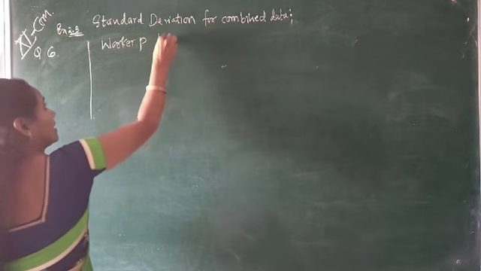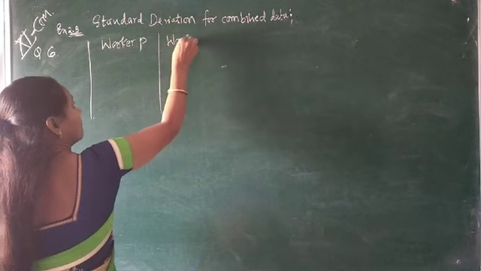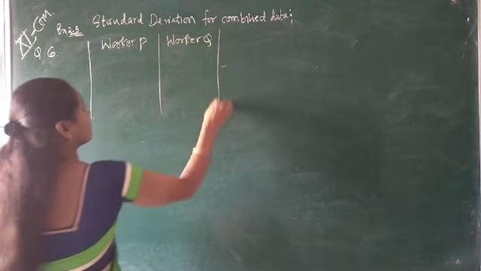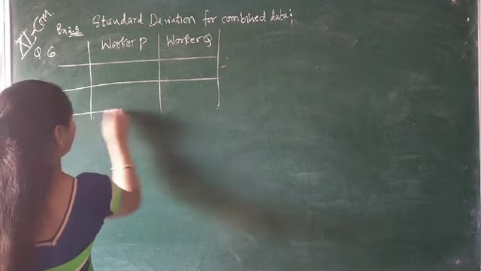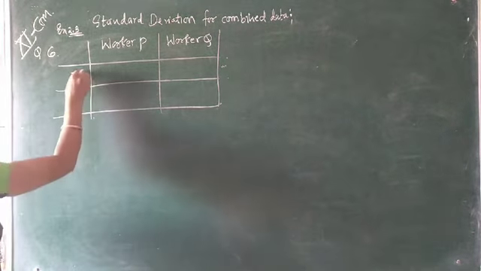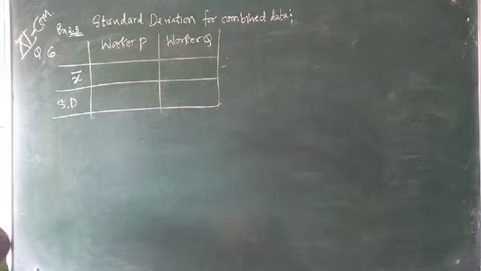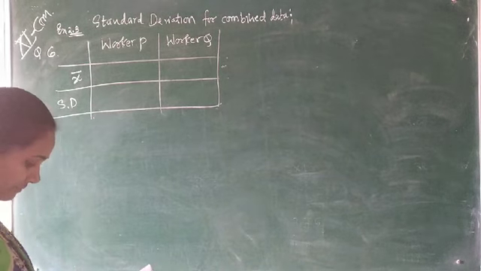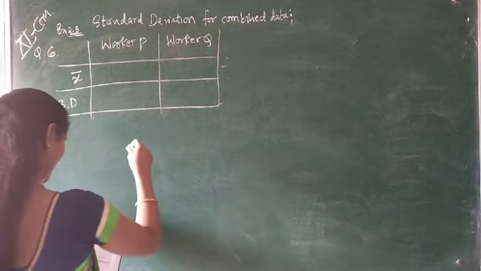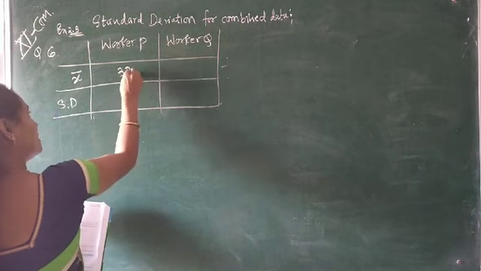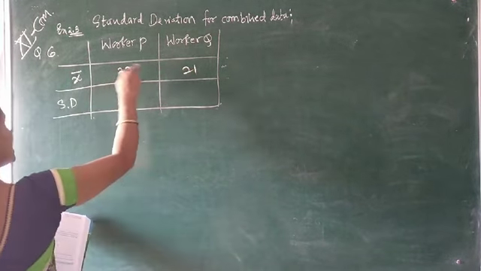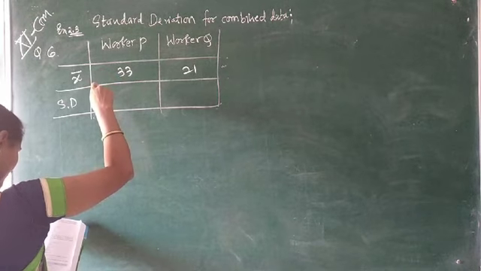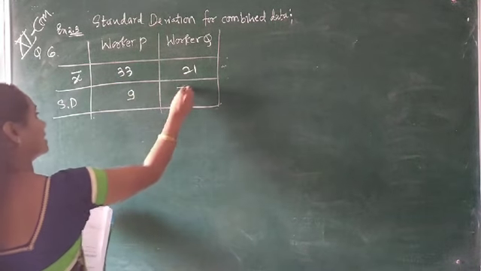Worker P and worker Q. We have given their means and their standard deviations. So the mean of worker P is 33 hours, the mean time, and for Q 21 minutes. This is the time to complete their jobs, and the standard deviations are 9 and 7.